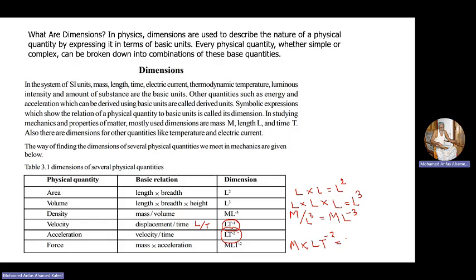So the derived dimension of force is MLT minus 2. Okay.